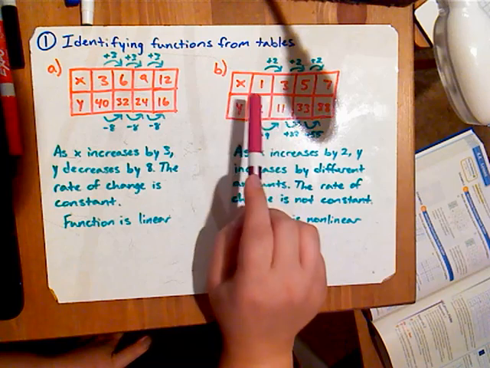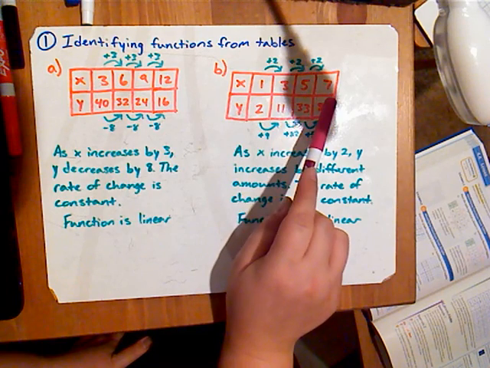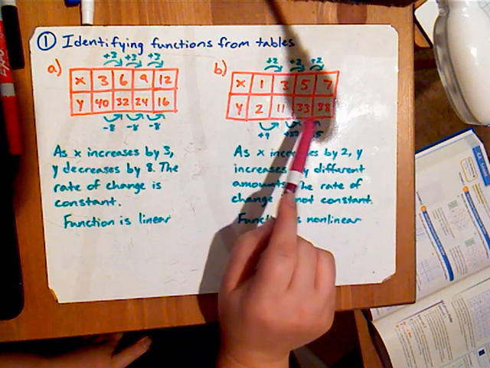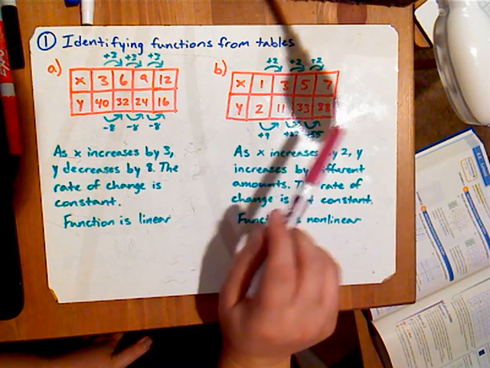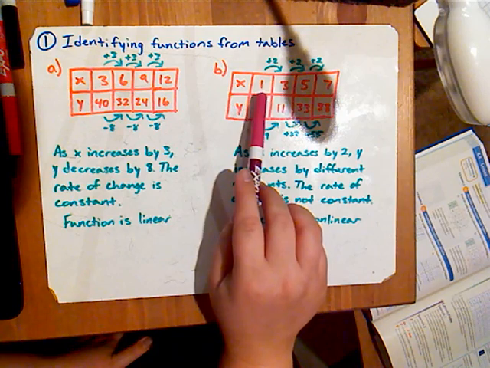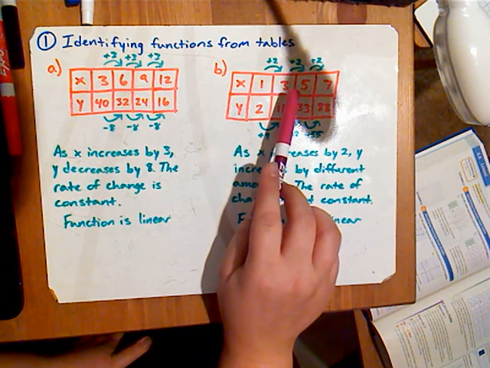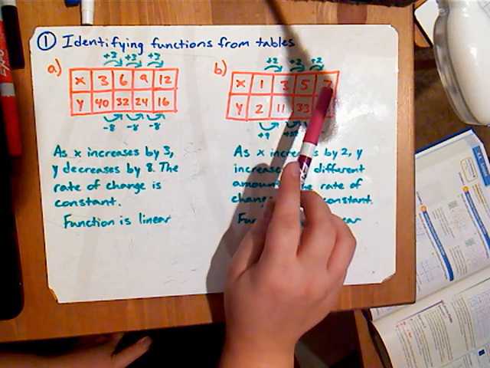Table B, our x's are 1, 3, 5, and 7, and our y's are 2, 11, 33, and 88. Our x's going from 1 to 3, we're adding 2, 3 to 5, we're adding 2, and 5 to 7, we're adding 2.